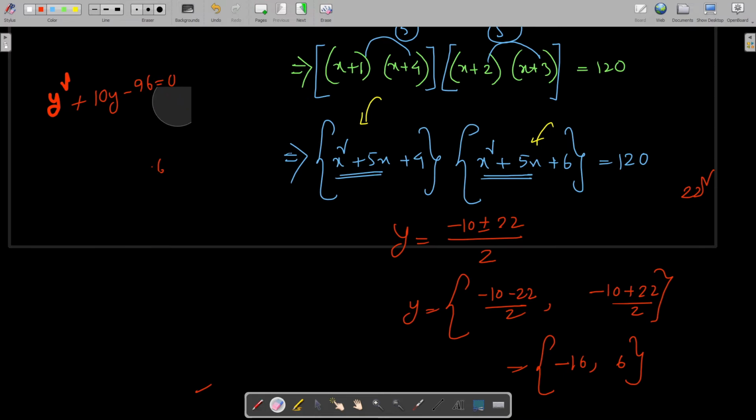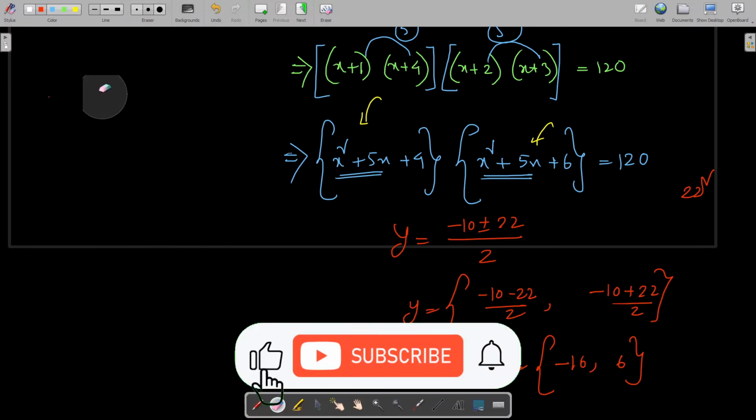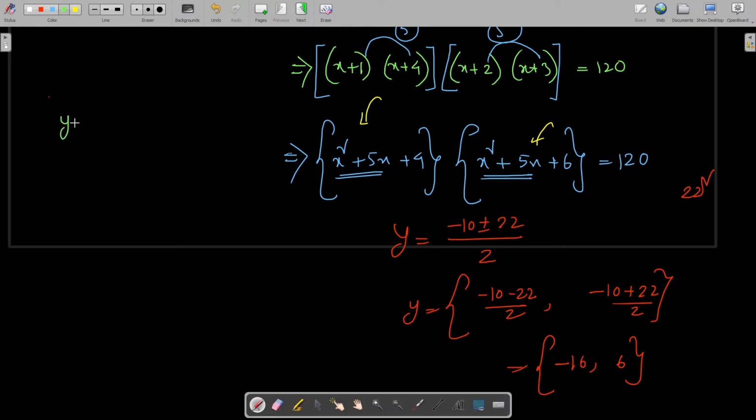Now from here we're going to get two more equations, because we are not finding y, we are finding x. y was equal to x square plus 5x, right? So we'll take one value first. Let's take x square plus 5x equals 6. So it will be x square plus 5x minus 6 equals 0. You can easily split the middle term over here.